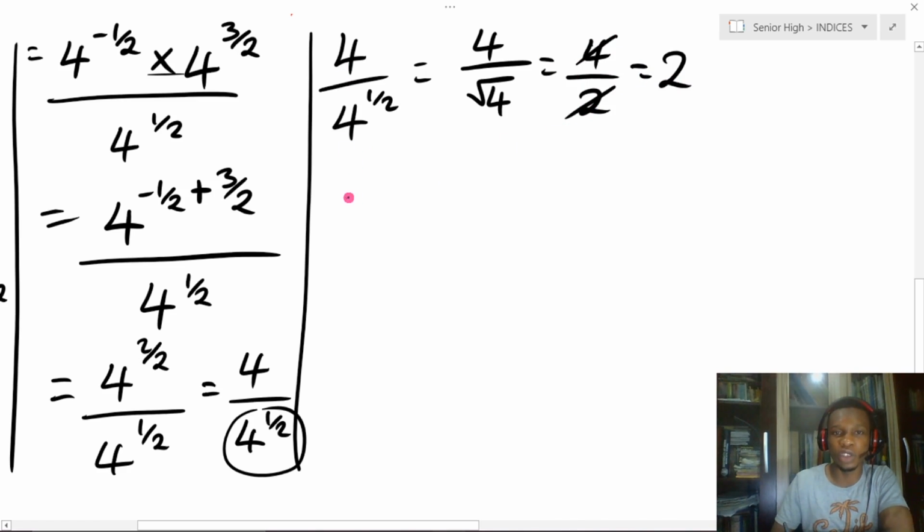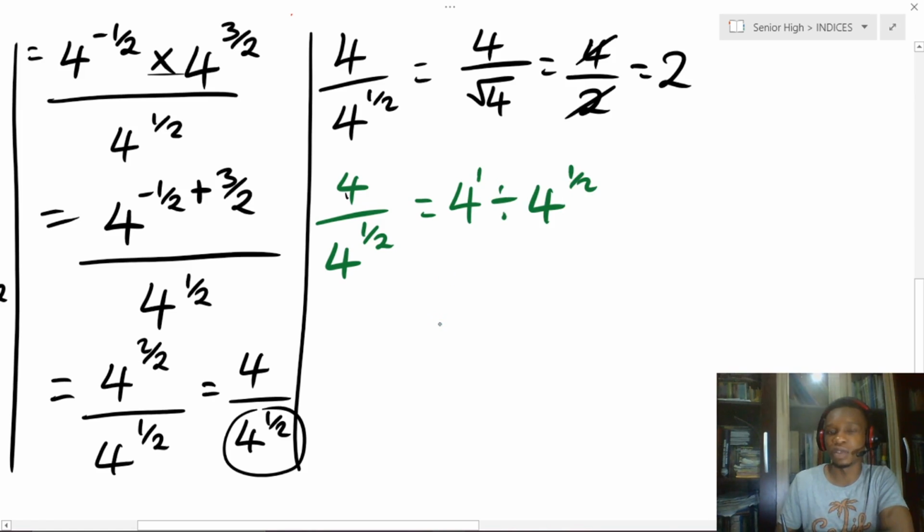Another way of solving this question, again, let me write it out. Let me use a different color for that so it will look different. 4 over 4 raised by 1 over 2 is by bringing the division sign, so that's like 4 divided by 4 raised by 1 over 2. Remember, this is like carrying a raised by 1, though it's kind of invisible. So we can then use the division sign by using the subtraction law.